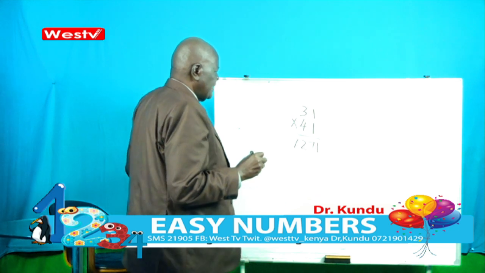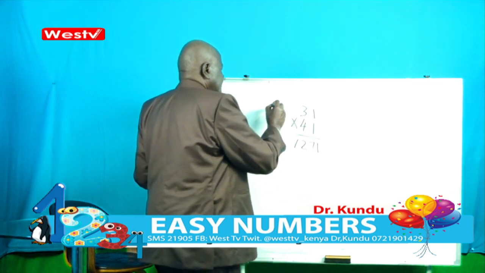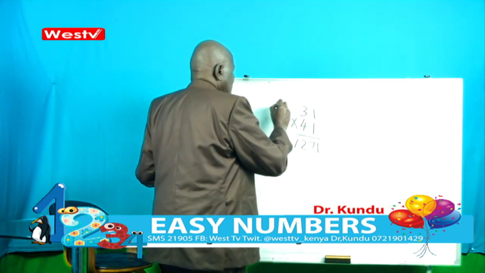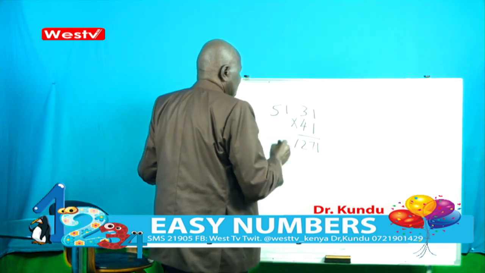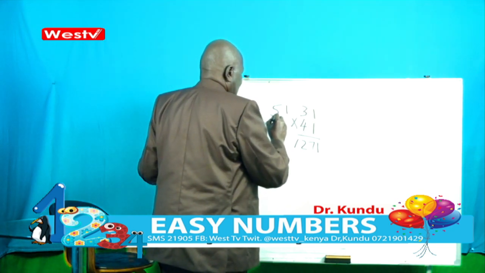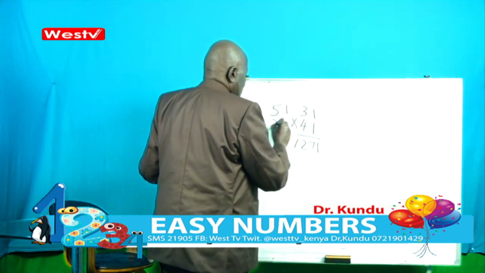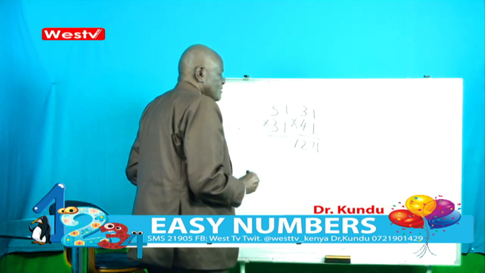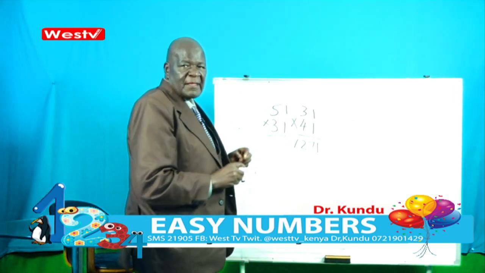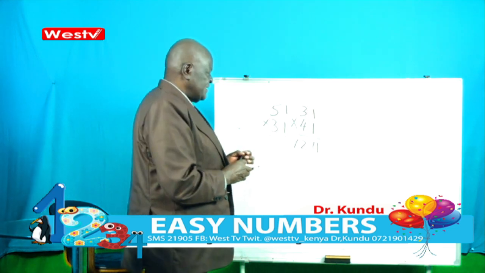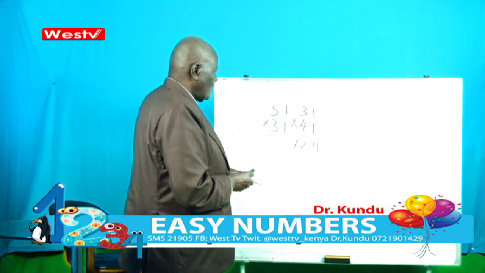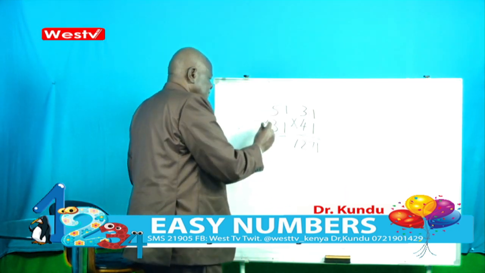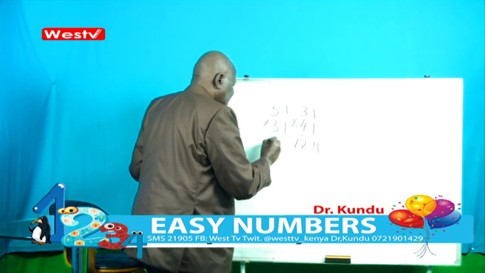Let's look at another example. 51, we want to multiply this one by 31. Step 1, multiply the tens digits. 5 times 3 is 15.